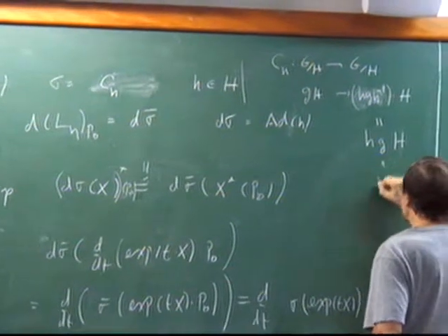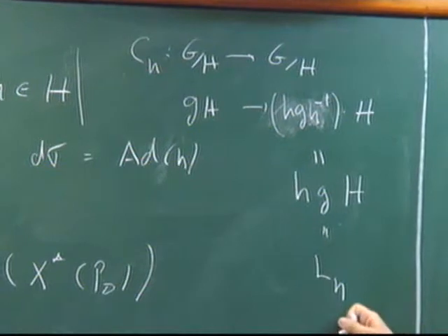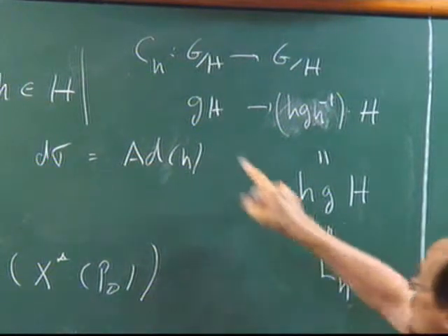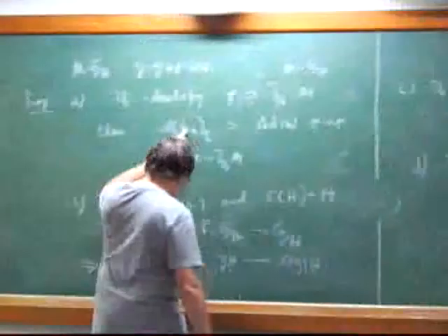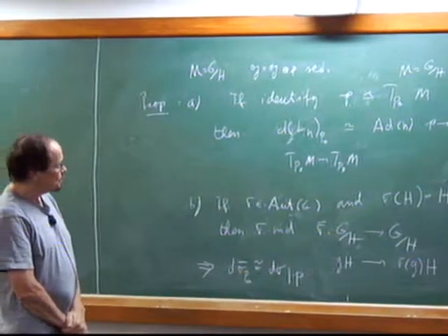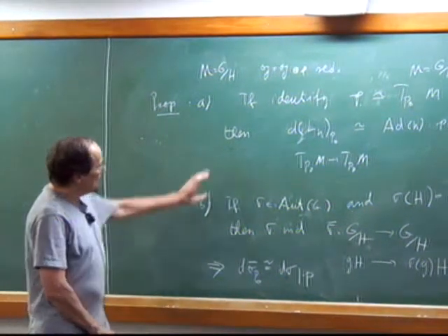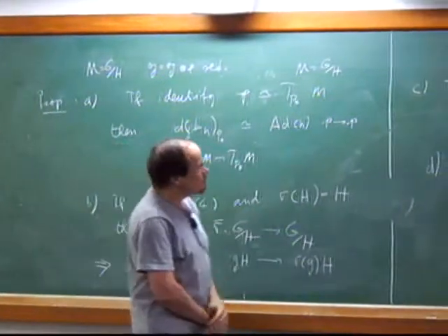And that's the same thing as left translation by h. Okay, so I regard left translation by h on a homogeneous space as induced by conjugation by h. So this becomes conjugation, differentiate, and this becomes Ad h, and that's what I want to know. Okay, so we always use that identification between P and T_p M, and the isotropy is Ad H.